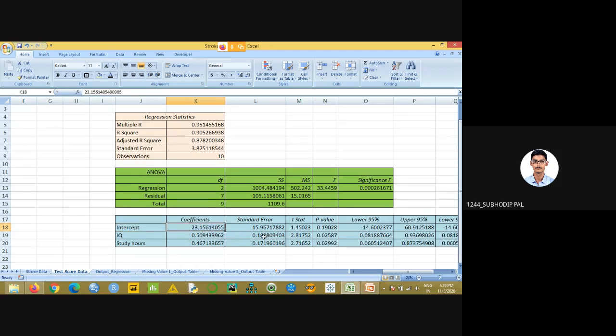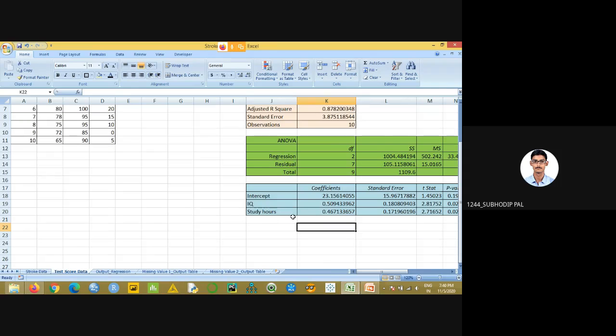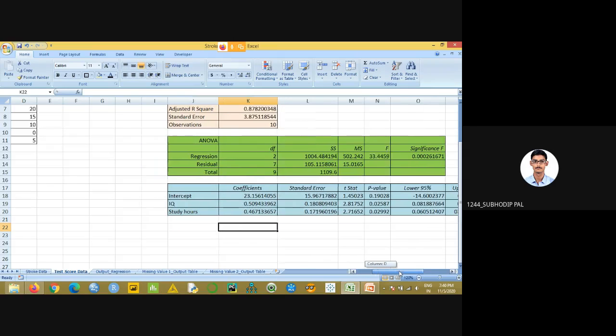The coefficients are B naught, then B1, then B2. Since I know the coefficient values, if they ask me to write the regression equation, I can easily write it. Test score is equal to 23.156 plus 0.509 into IQ plus 0.467 into study hour. Everyone clear?